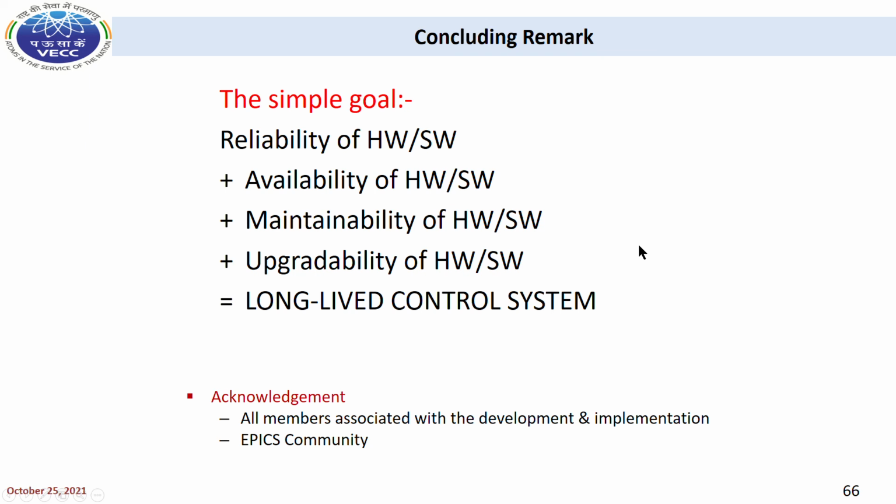Another feature of a robust system should be its maintainability. The system can be easily repaired or serviced, so operation can be restored in minimum time.